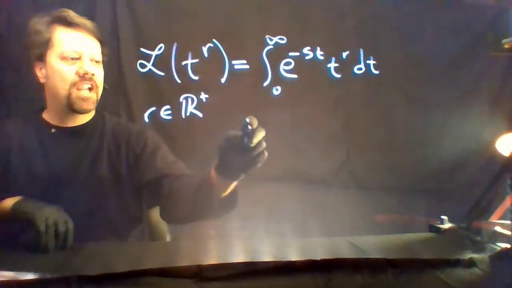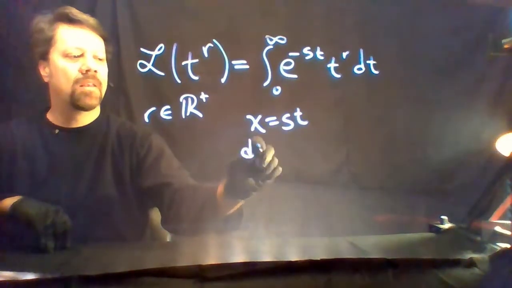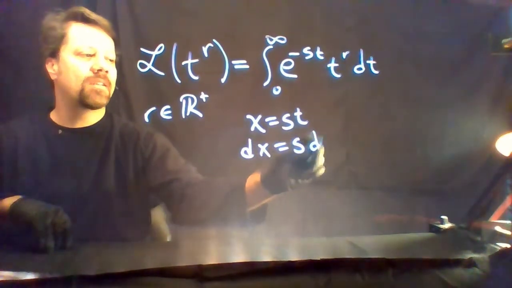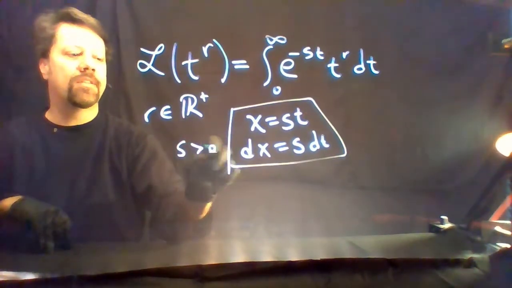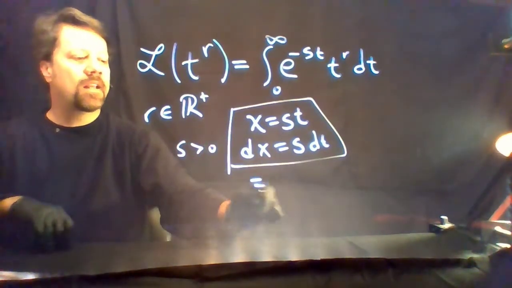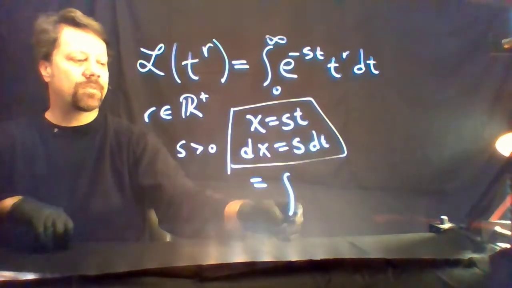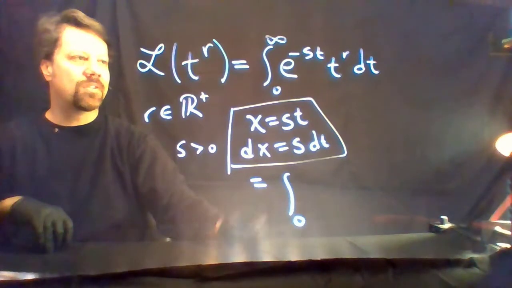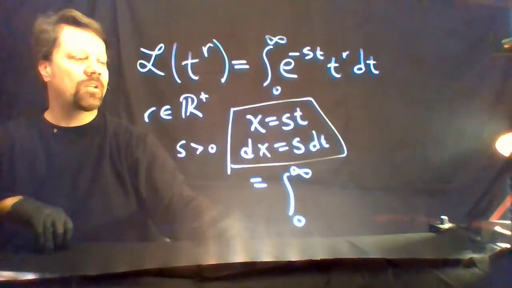If you make a change of variables, x equals st, then dx will be s dt. We'll assume here that s is greater than 0. The integral becomes, as you can see, if t is equal to 0, x is 0, and as t goes to infinity, x will go to infinity.